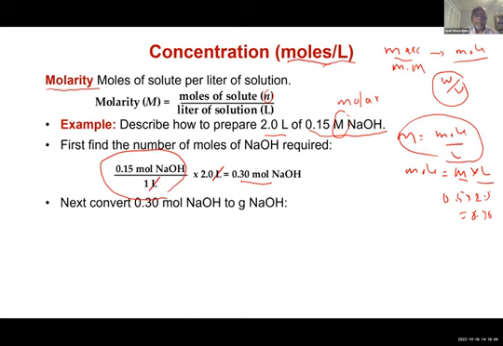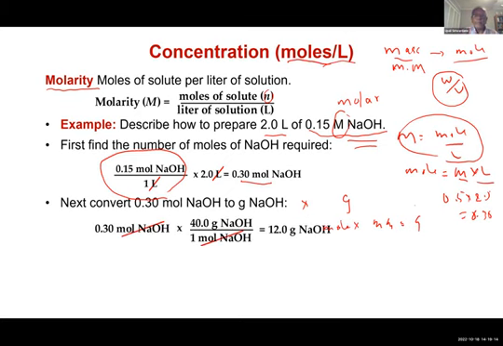Next, convert 0.3 moles to grams of sodium hydroxide. How do you convert moles to grams? You already know. Moles times molar mass is grams. That's the moles, that's the molar mass. 40 is the molar mass of sodium hydroxide.